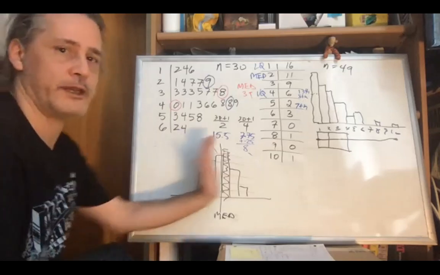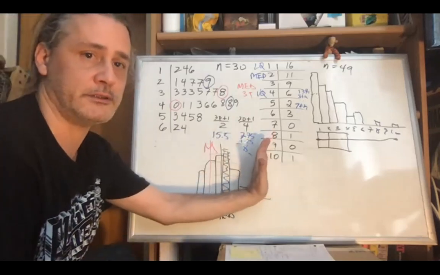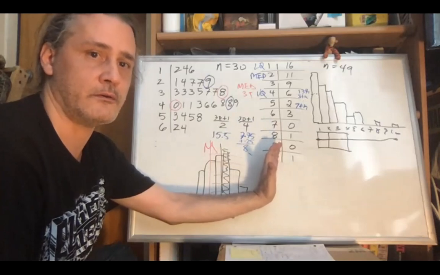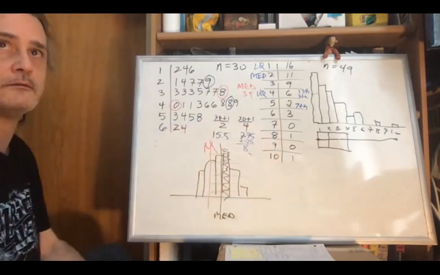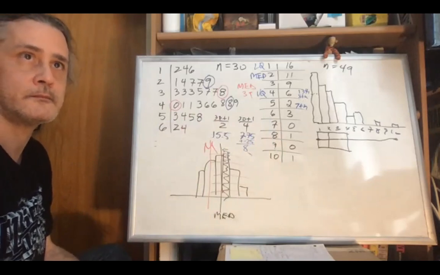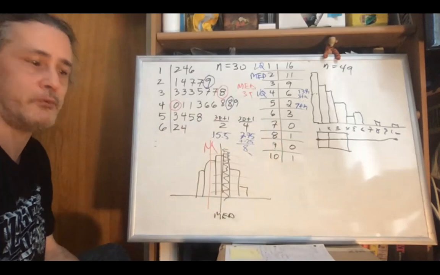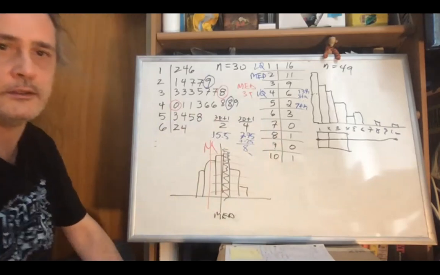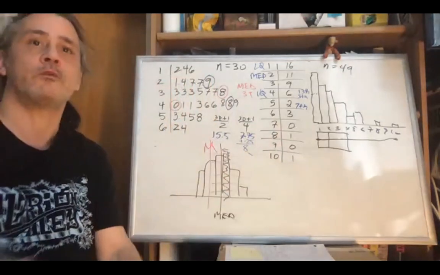Skew right means shift right. You have more values below, to the left of the mean. Okay, that's just a point that's important to know. I don't know if that even comes up on the homework for tonight, but it's important to know that.